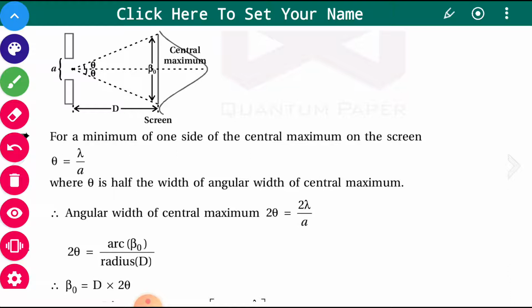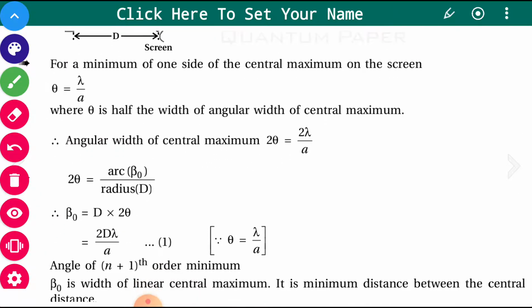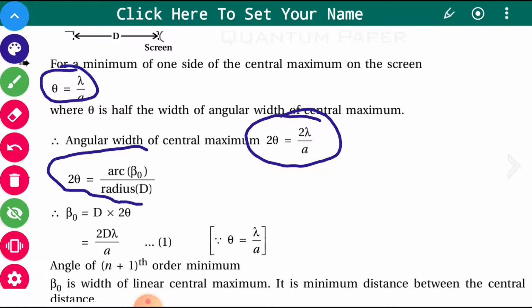For the first minimum on the side of the central maximum on the screen, theta is equal to lambda upon a. This is known to us, where theta is half the angular width of the central maxima. So the angular width will be 2 theta, that is 2 lambda upon a. Now arc upon radius is nothing but the angle.